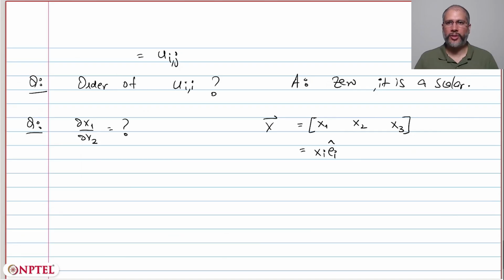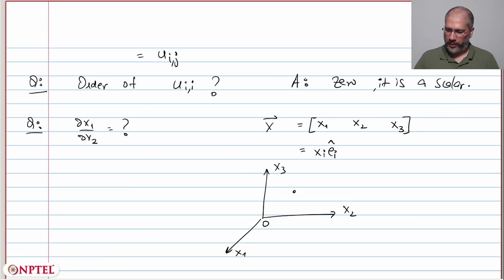It is usually general in nature, in the sense that it denotes the general point P where x1, x2, x3 are variables. So this is our 3D Cartesian coordinate system.